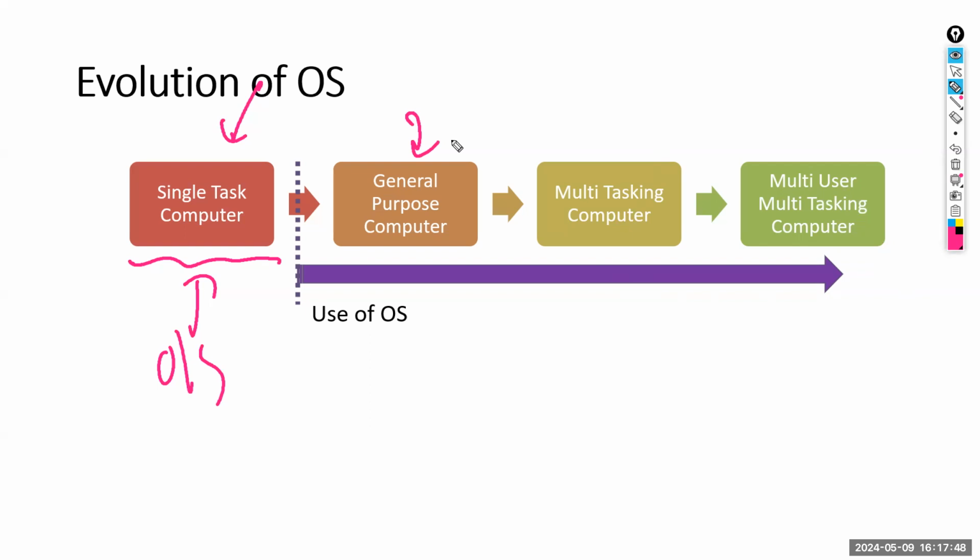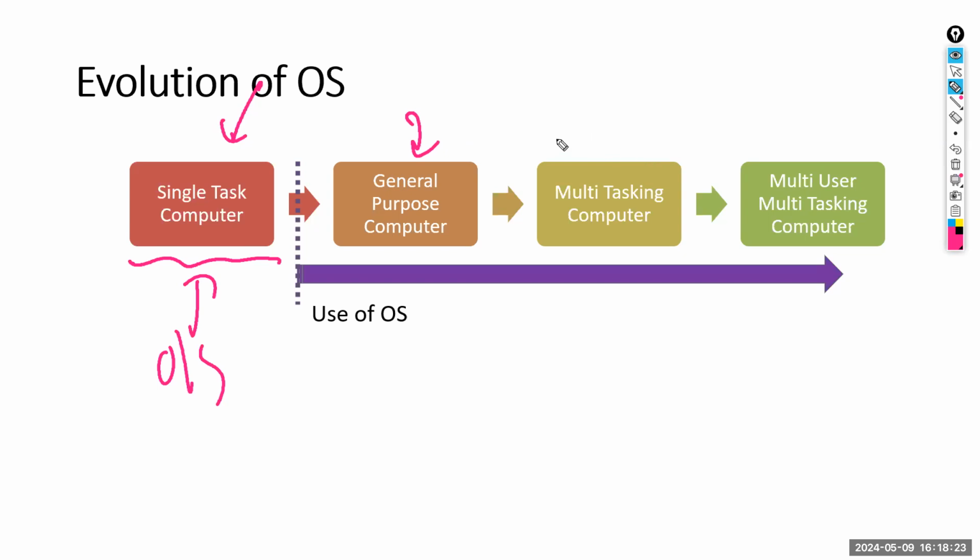When you have multiple things, of course, you need multiple software. So then these different software may need to access hardware differently. So that is where the need of operating system came. So we needed a special software that manage these other software and of course help using the hardware.